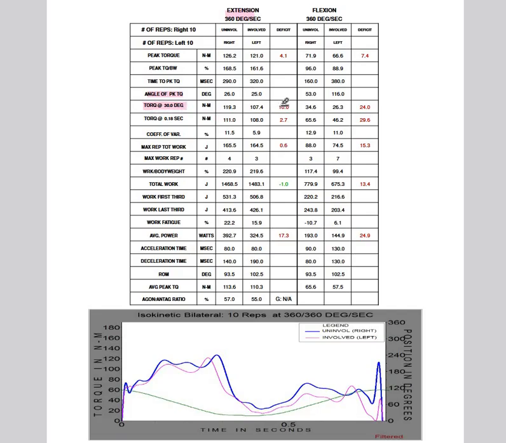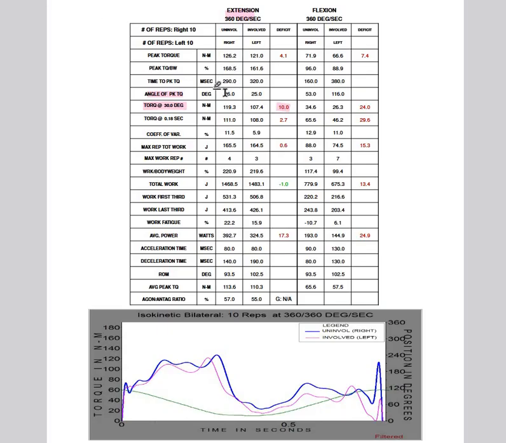So we do have a deficit here above the norm of 10%, so this is noteworthy and you could interpret that as such. So again, it might be worth looking into and comparing this with the angle of peak torque.